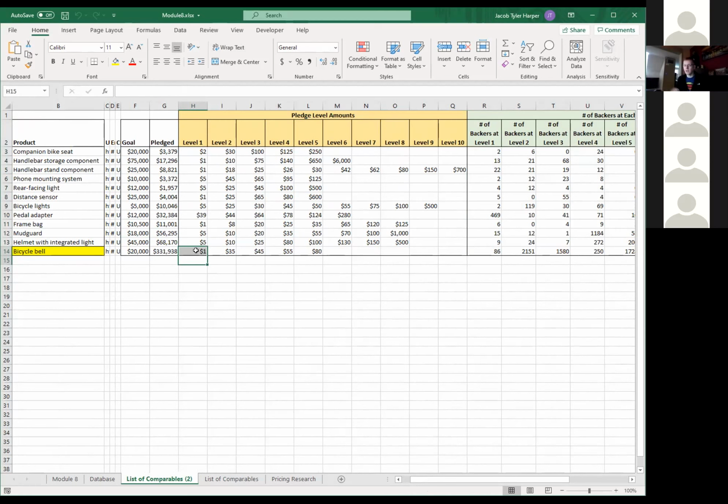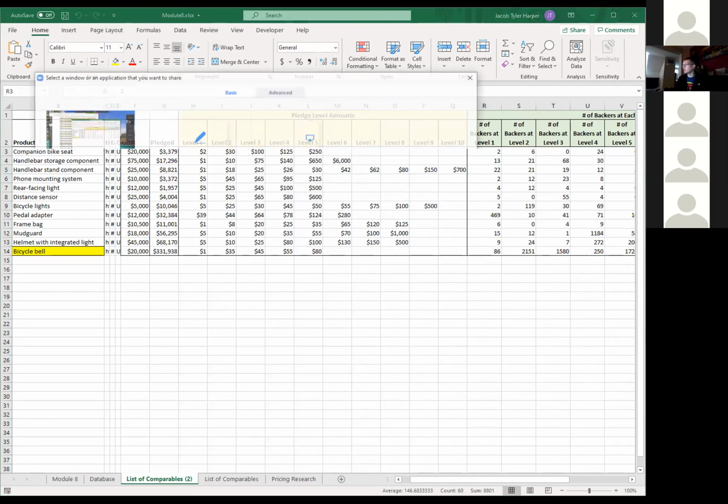All it means is they gave at least $1, but not quite 35. So they gave enough to be in this level 1 reward area, but not quite enough to get to level 2. Likewise, these 2,151 people each gave at least 35, and maybe all the way up to like $44.99, but they didn't give $45, and so on and so forth. So we see each one of these levels and the amount of people who gave that amount of money. And that's what we're going to be analyzing today.